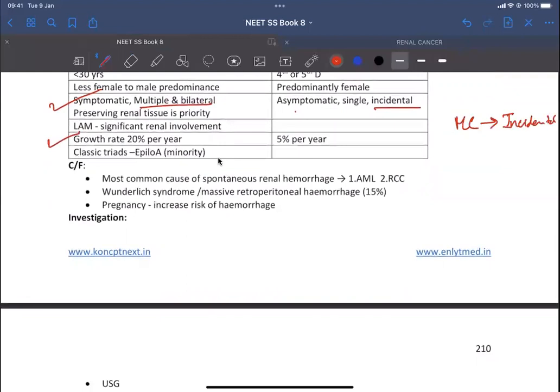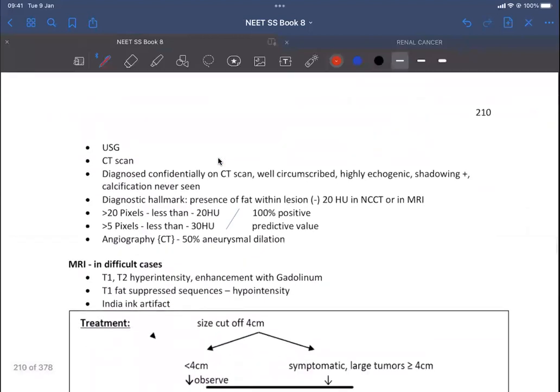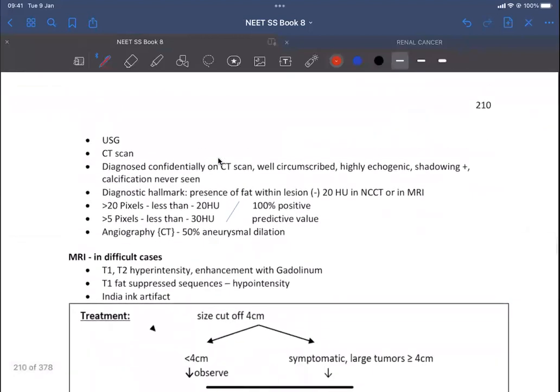However, it can cause spontaneous renal or retroperitoneal hemorrhage, which is called Wunderlich syndrome, and is seen most commonly in AML, but can also be seen in renal cell carcinoma. How do you investigate? Ultrasound.